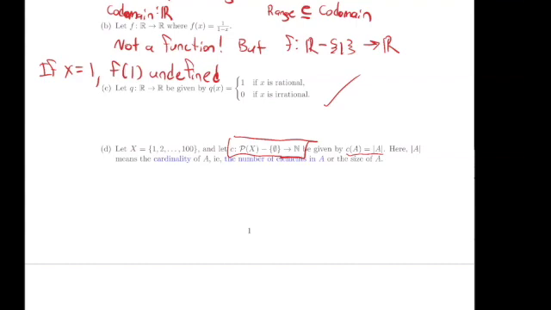And let me just say the cardinality of a set is just how many elements are in the set. So when I say absolute value of A, we use the same sort of absolute value notation. This is telling me how many elements are in A. Okay, and that's just defined as the cardinality.